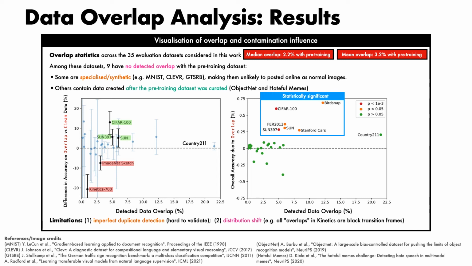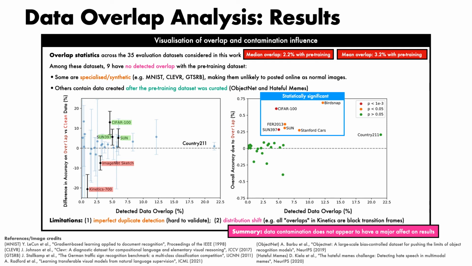For example, much of the overlapping subset of Kinetics consists of black transition frames. This may explain why performance is harmed on the overlapping split. Taken together, a reasonable summary of this analysis is that data contamination does not appear to have a major effect on the results. This is a finding that mirrors the analysis conducted in previous large-scale pre-training works.